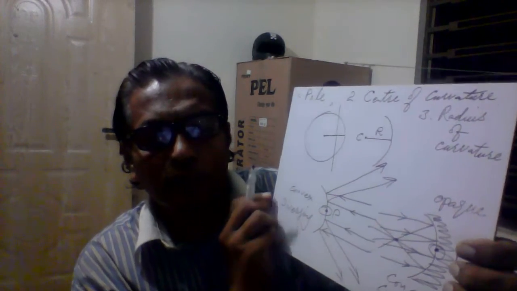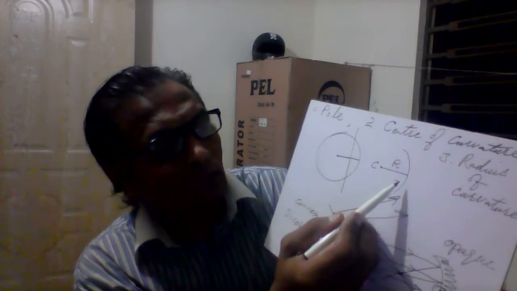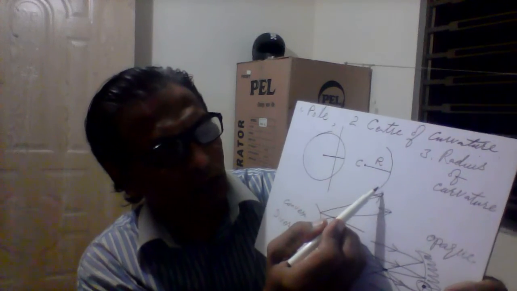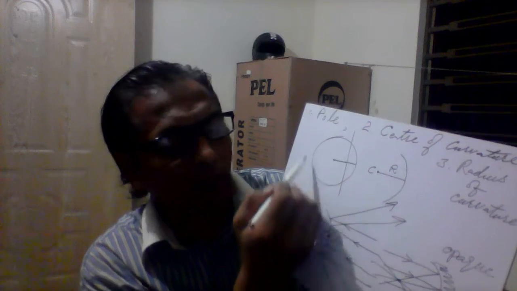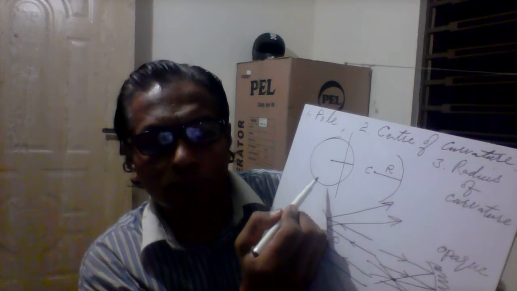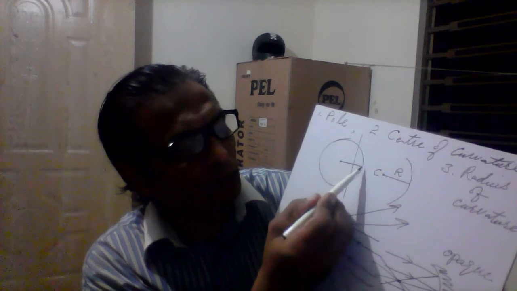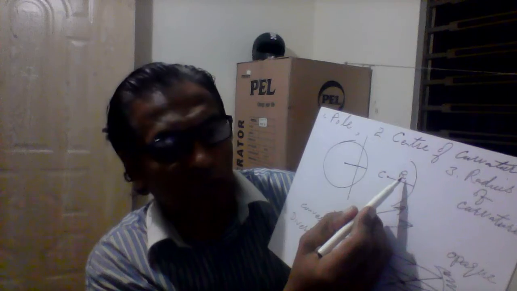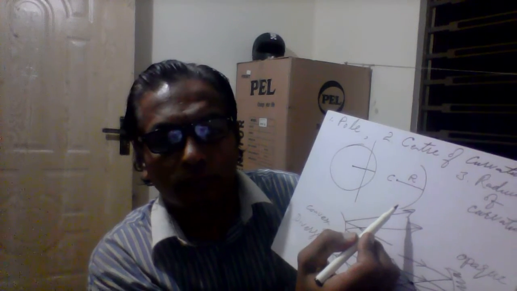What is radius of curvature? Again, we will define in the same way. This spherical mirror is part of a hollow sphere. The radius of that hollow sphere is now called radius of curvature for this spherical mirror. Okay.